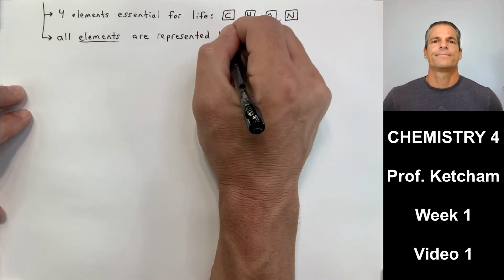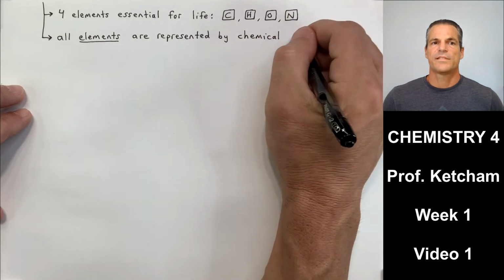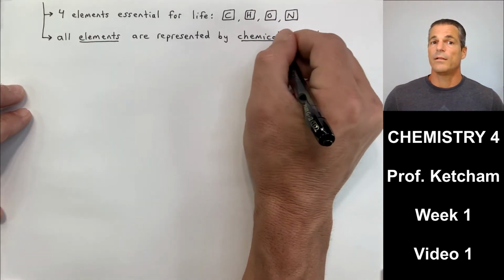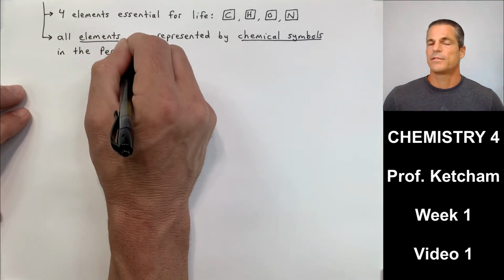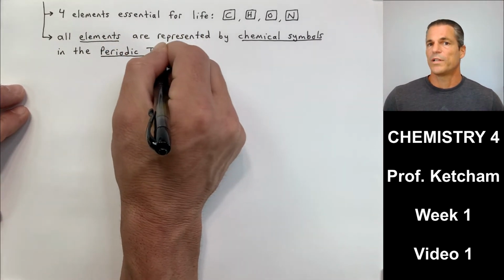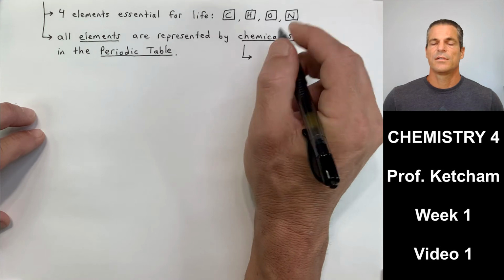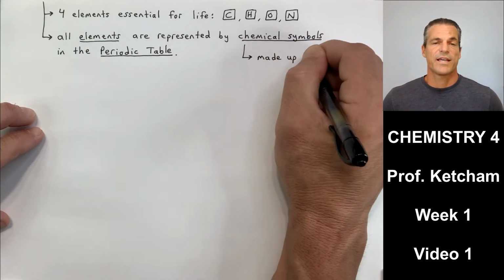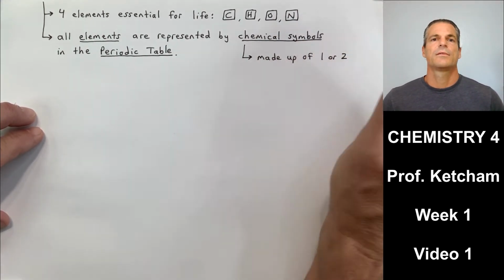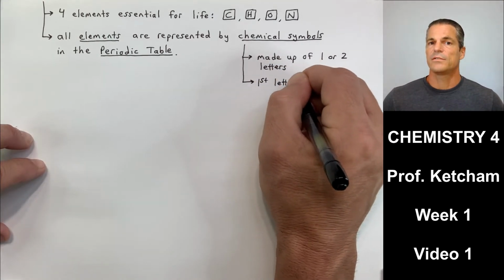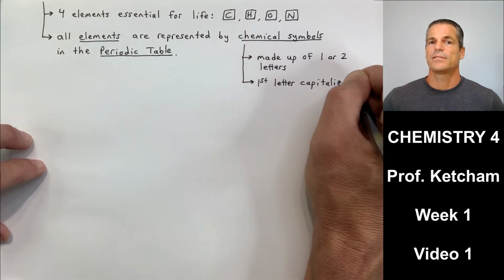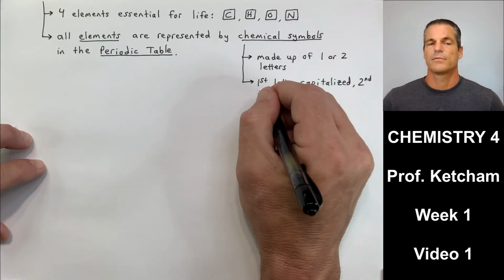The second bullet point says all elements are represented by chemical symbols in the periodic table. Sometimes it's just one letter, sometimes it's two letters. If it's two letters, the first one is capitalized, the second one is not. All right.